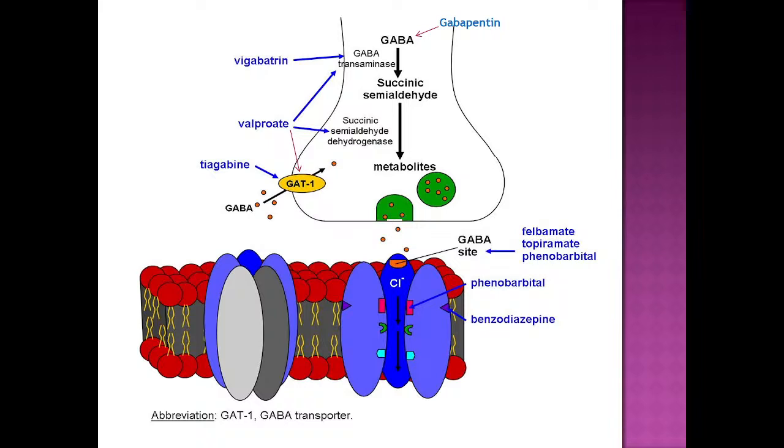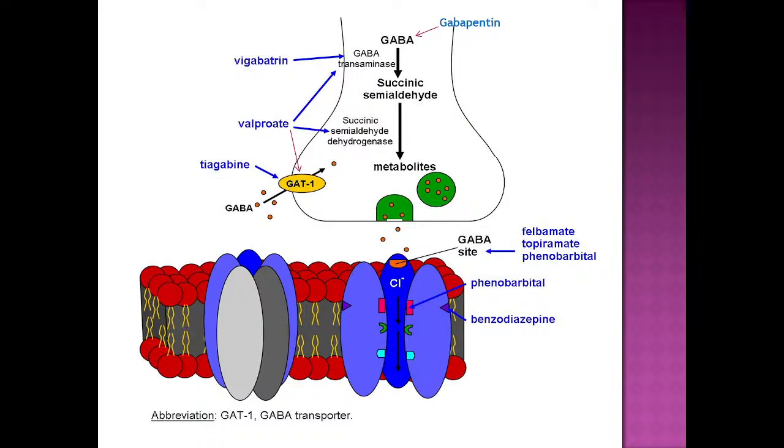Vigabatrin acts on GABA transaminase. Valproate, which also blocks sodium channels, acts through another enzyme called semialdehyde dehydrogenase, which breaks down GABA. Then tiagabine inhibits the reuptake of GABA through its transporter GAT1, which is nothing but the GABA transporter. So you have drugs increasing the synthesis, drugs inhibiting the degradation, and drugs inhibiting the reuptake. All of that is there.